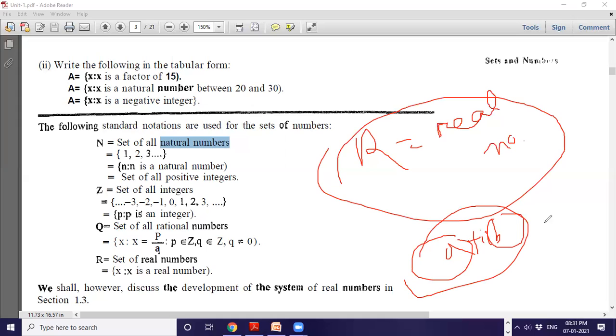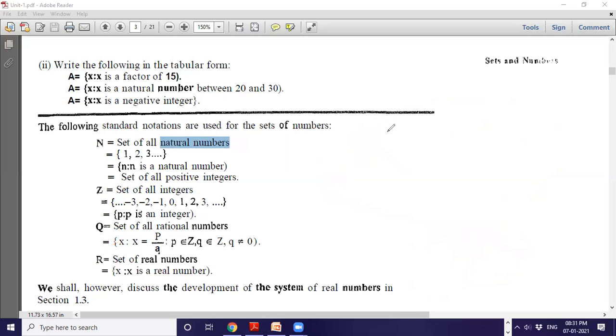This type of numbers are known as imaginary numbers. If we do not consider them, then all numbers are our real numbers. So we will use capital R to represent the set of real numbers. Clear? So we have got N as the set of natural numbers, capital Z, the set of all integers, capital Q, the set of all rational numbers, and capital R as the set of real numbers. Is this clear? Don't worry, we will discuss the real numbers in detail.